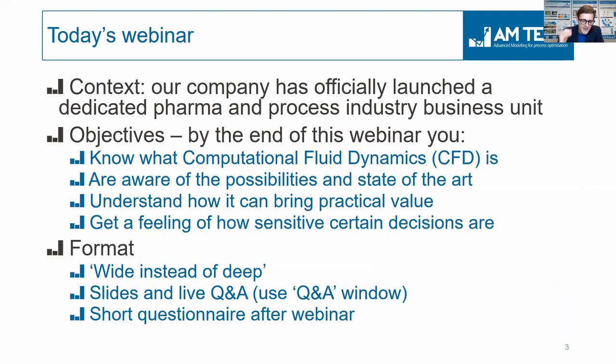And what are the objectives of today? So we would really hope by the end of this webinar that you end with knowing what CFD is, a basic understanding, that you are also aware of the possibilities and what it can do, and also the state of the art. And what is most important is that you are aware about the practical value.